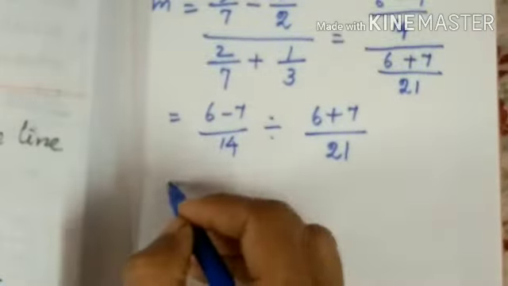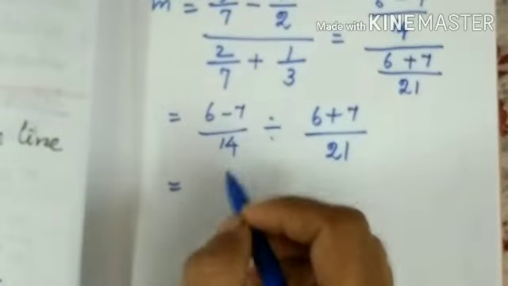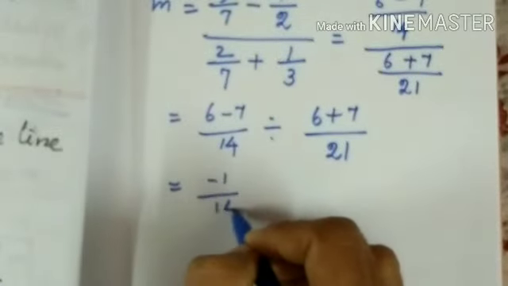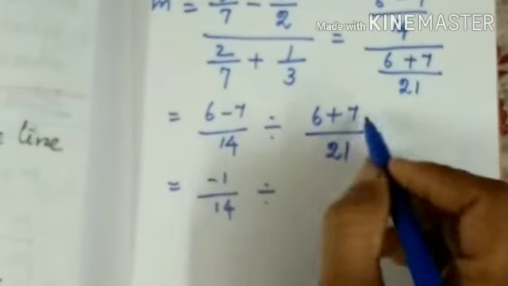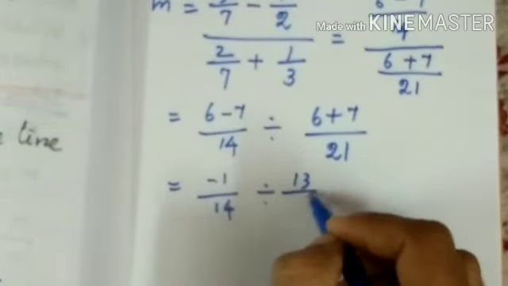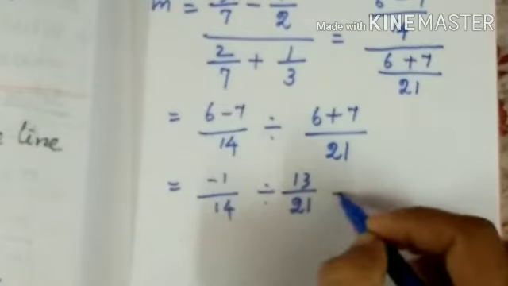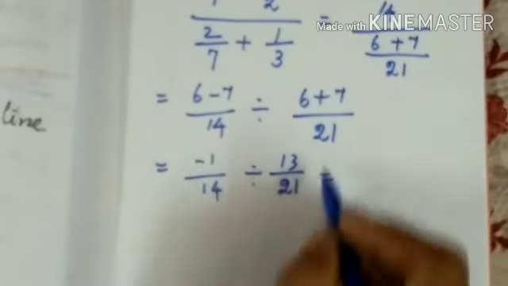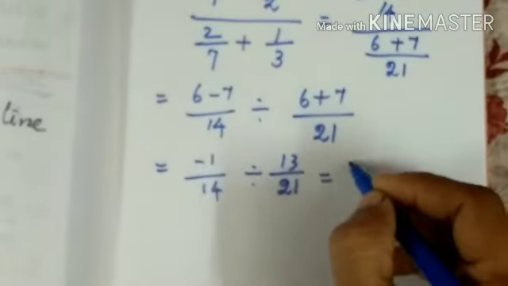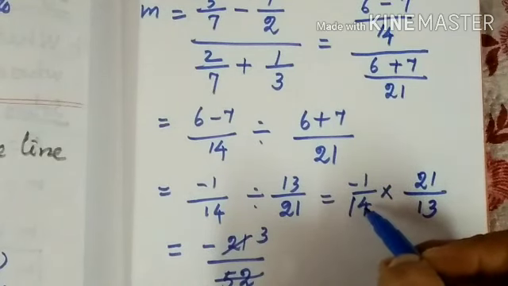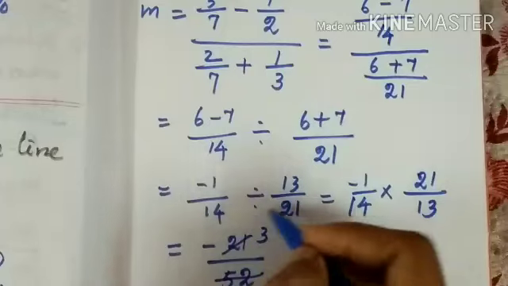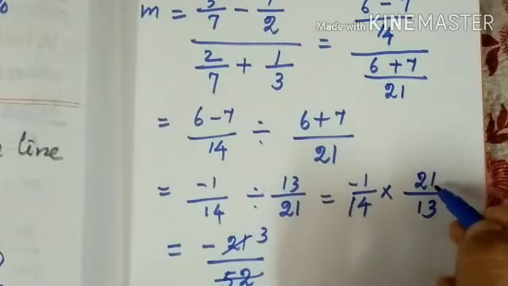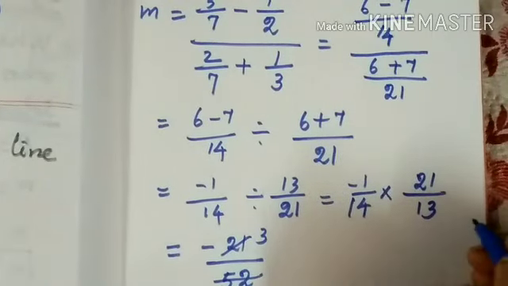Now you simplify this, means we have 6 minus 7, minus 1 by 14, divided by 6 plus 7, 13 by 21. Now you transpose this in multiplication form, then minus 1 by 14 multiply. After that you reciprocal this fraction, means we get 21 by 13.